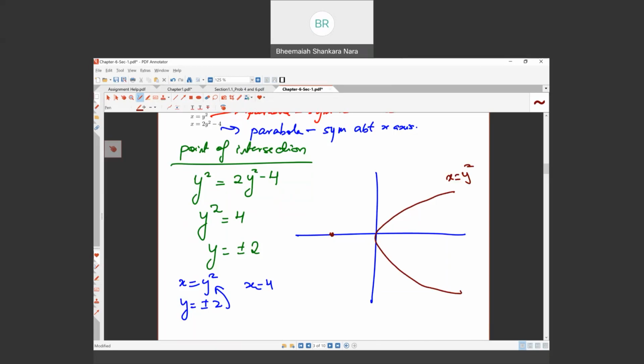Let me use a different color. So this is one more parabola, and this is x equal to 2y squared minus 4. You see the -4 here. We have moved 4 units back.